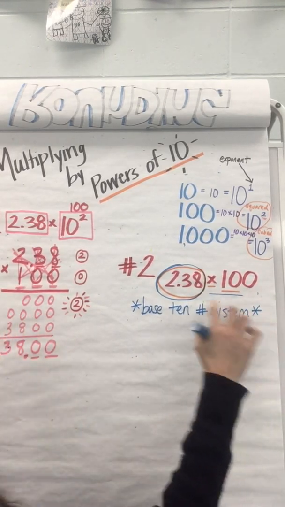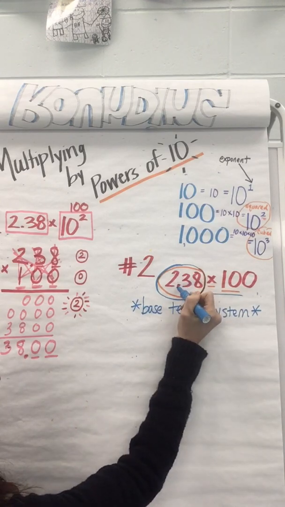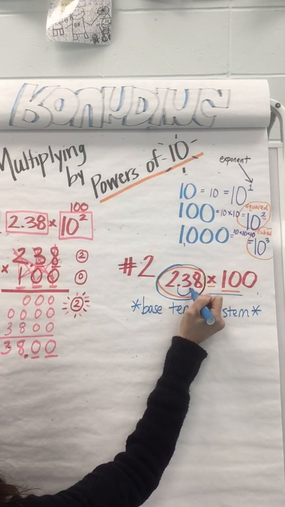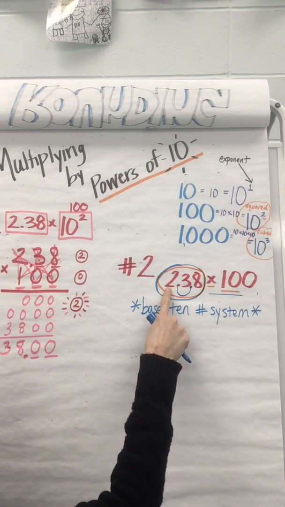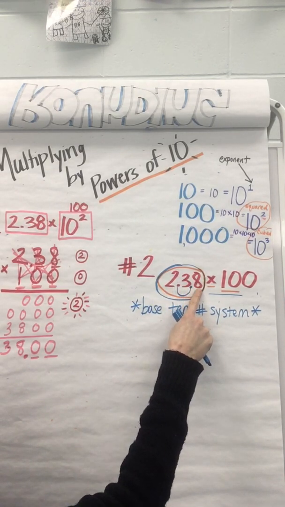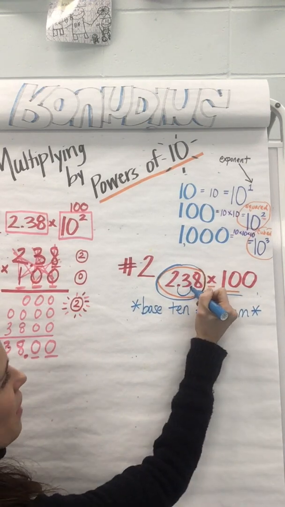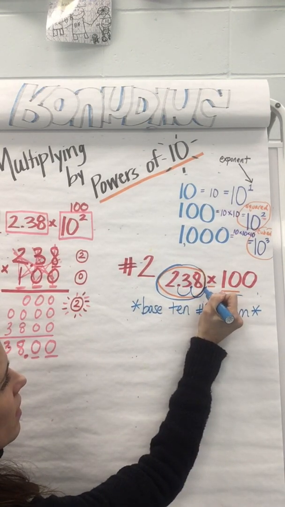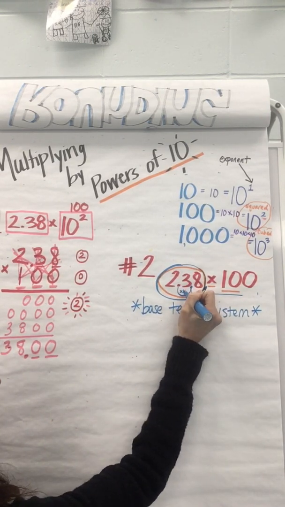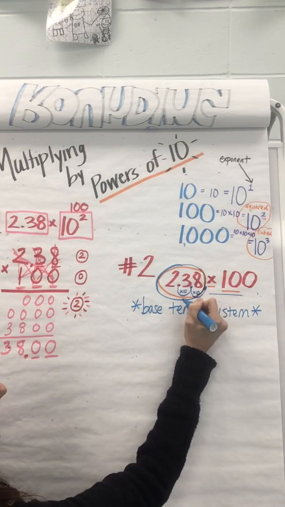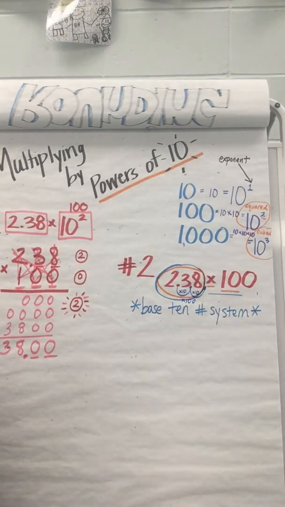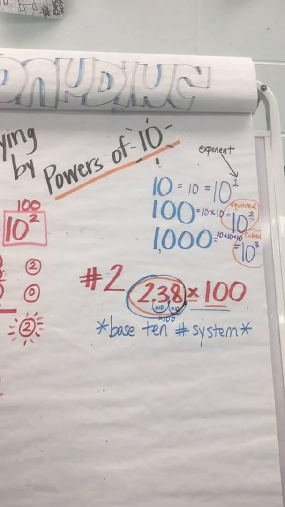And to make it 100 times bigger, well, if I move the decimal here, I just made it 10 times bigger, right? Now it's 23.8. And if I move the decimal here, I made it 10 times bigger and another 10 times bigger, which together I made it 100 times larger.